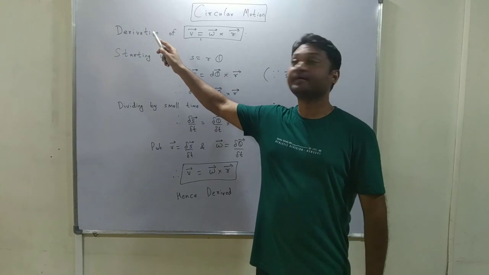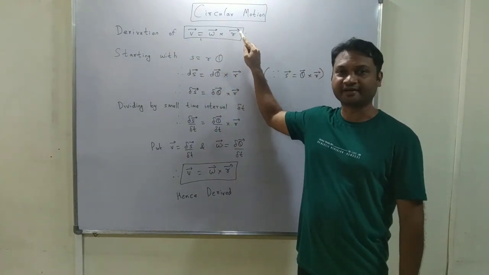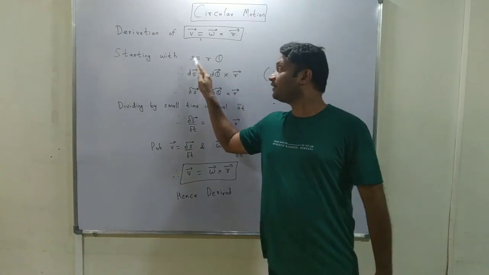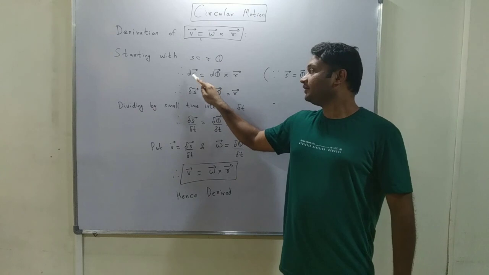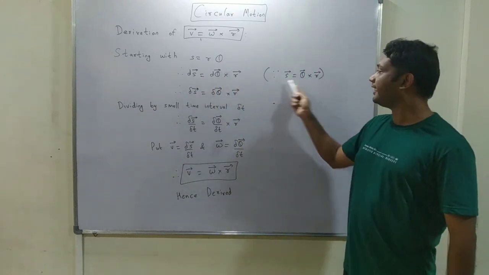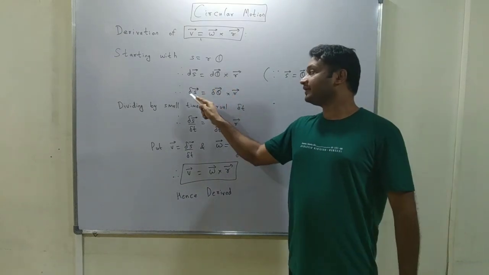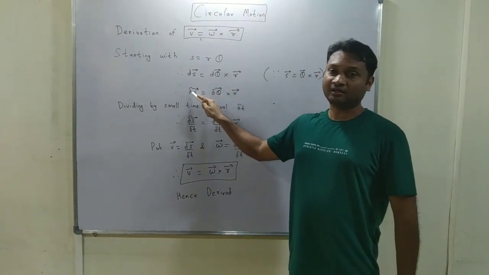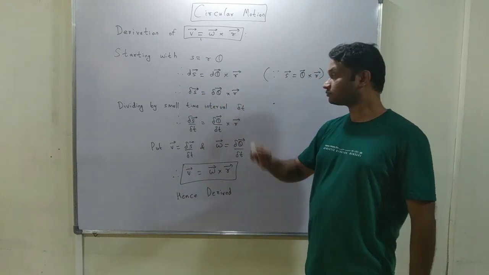Let us now see the derivation of v is equal to omega cross r, our second relation. Starting with s is r theta, we get ds is equal to d theta cross r from the relation s is theta cross r. Writing it in the form of del s is equal to del theta cross r.